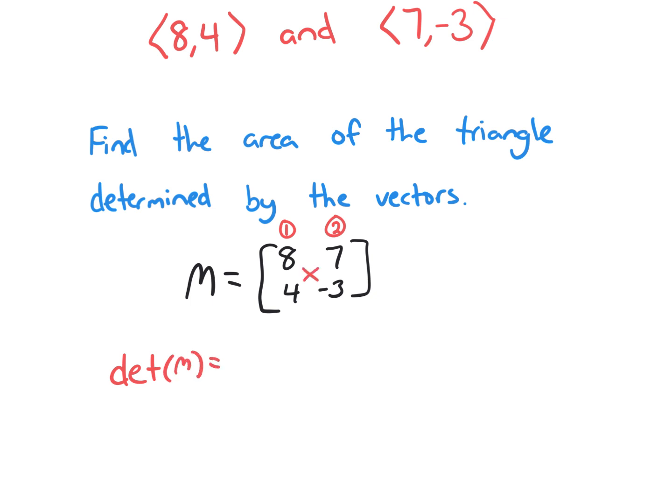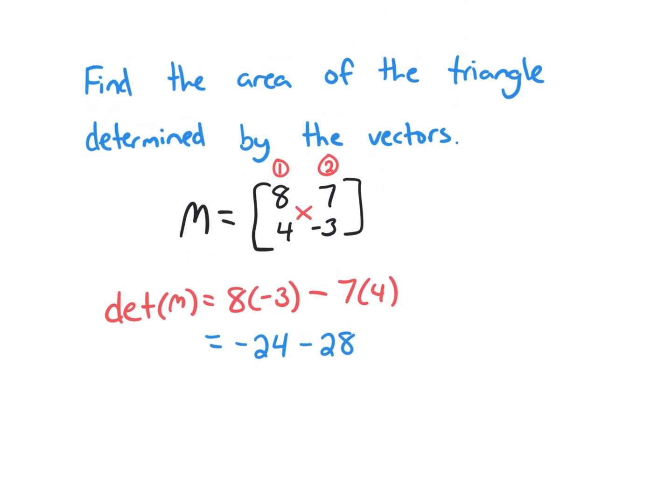Yep. You can think cross multiply. So I take 8 times -3 minus 7 times 4. What's 8 times negative 3? Negative 24. And then 7 times 4. Yep. So if I subtract those, what's negative 24 minus 28? Careful. They're both negative. I'm going to get negative 52. Yep.